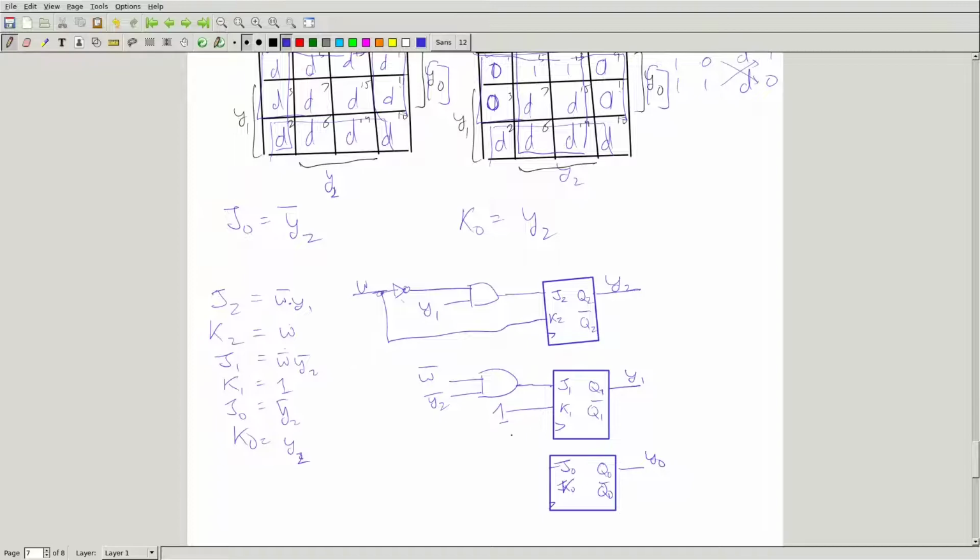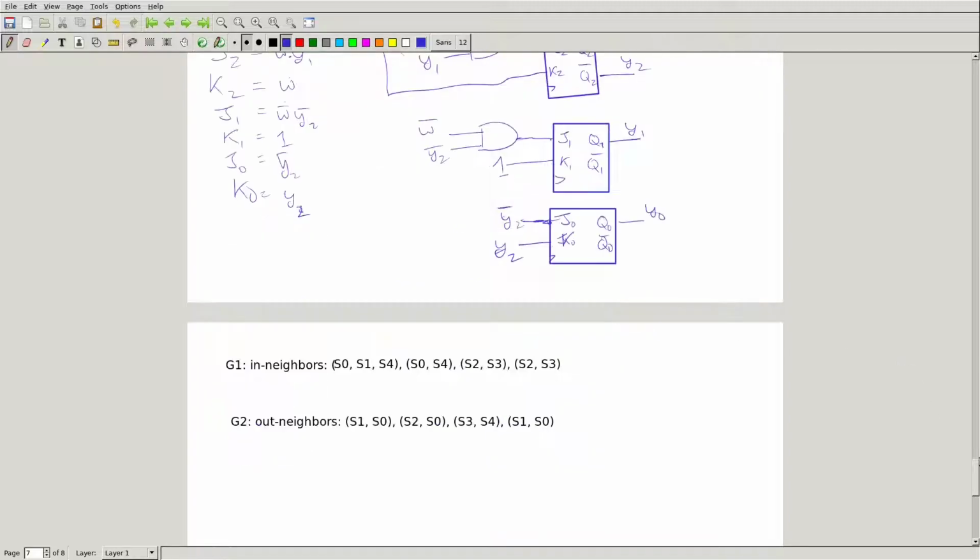This is just 1 for K1. Here's y2 bar, so we can just feed in y2 bar to J0, and for K0 we just have y2. Okay.